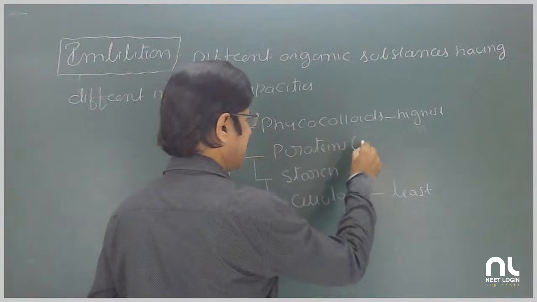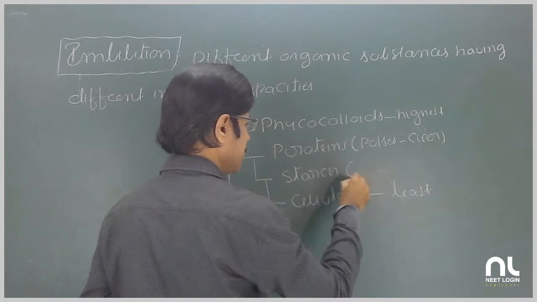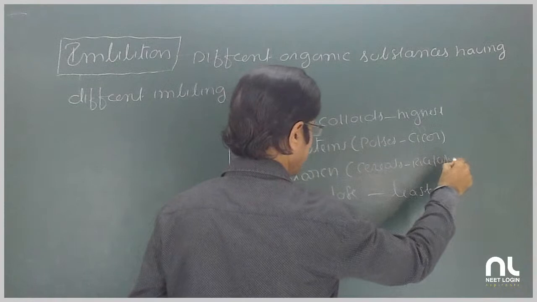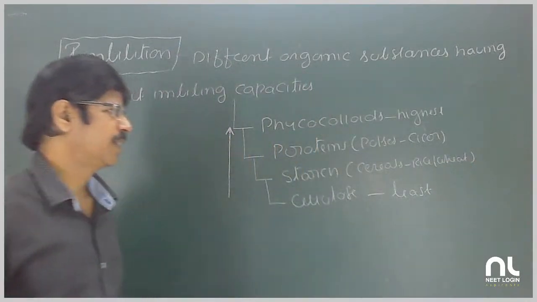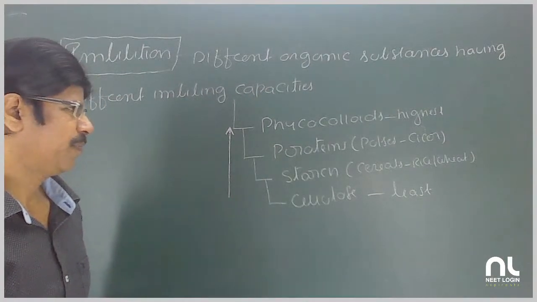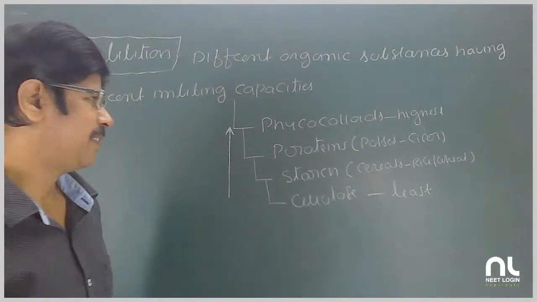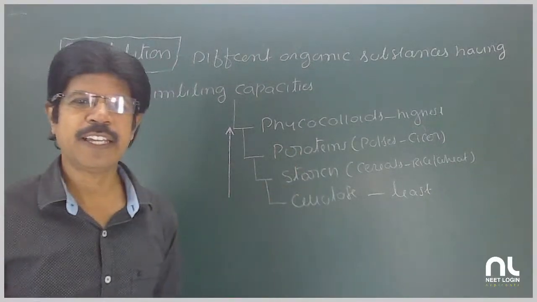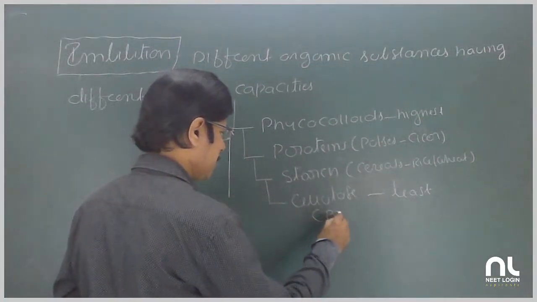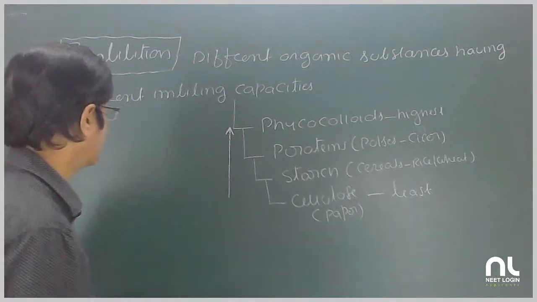If you take proteins, pulses, soybean, starch, cereals, rice, wheat. So phycocolloids, proteins, starch, cellulose. So soybean has higher imbibing capacity than rice, because proteins have higher imbibing capacity than starch. Cellulose is least; if you take paper, it is least. Different imbibing capacities.